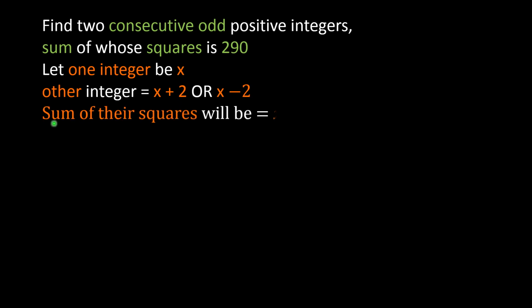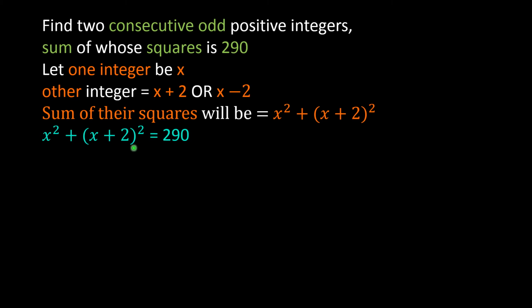Now it is given that sum of their squares is 290. Now the square of first integer x squared and the square of other integer x plus 2 whole square, their sum is x squared plus x plus 2 whole square. Now this sum is given to be 290, so we will write equals 290.